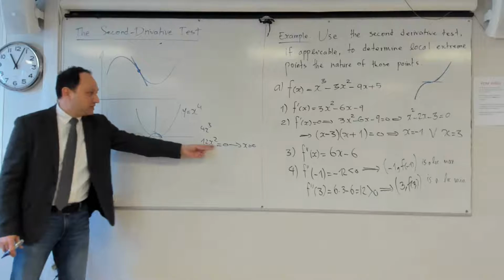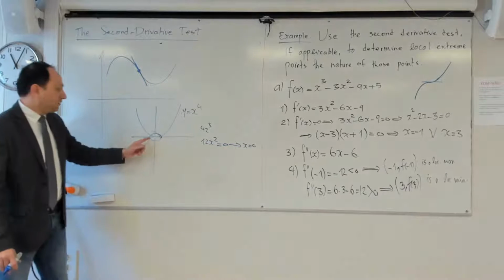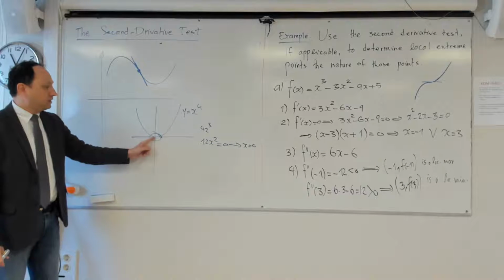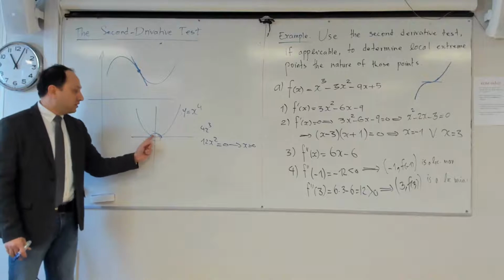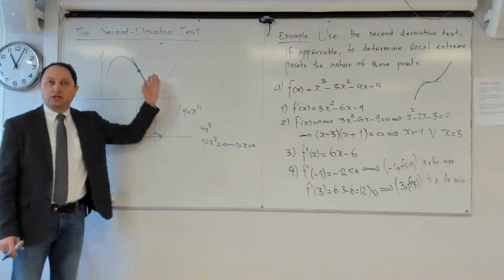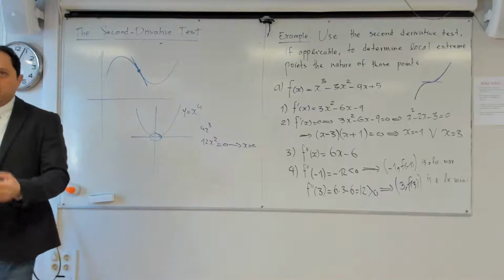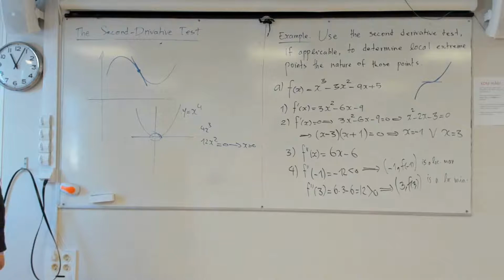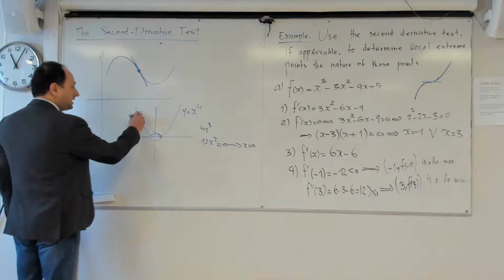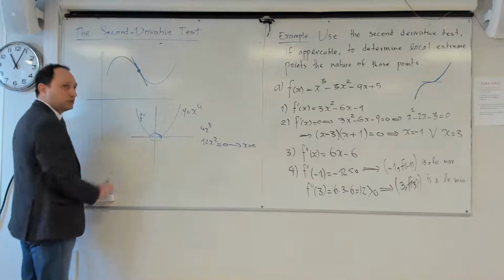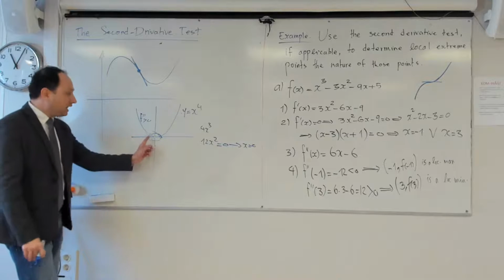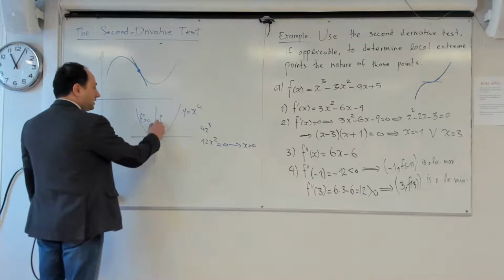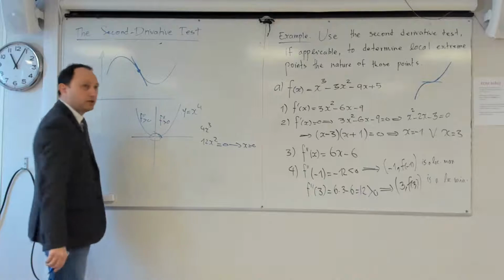Even though the second derivative is 0, if I ask you what the concavity of this function before 0 is, you say it is upwards. What is the concavity after that? It is again upwards. So it means the concavity has not changed. If I ask you what the second derivative is on this portion, you say it's positive, it's concave upward. Even when I pass this point, the concavity is again upward.